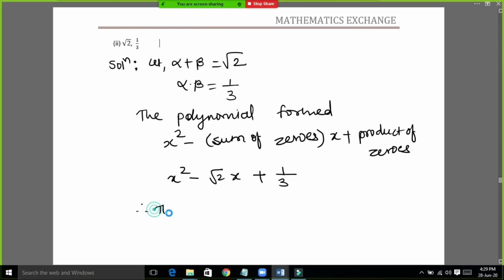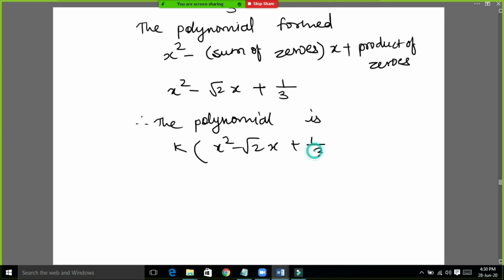Therefore the polynomial is k into x square minus root 2x plus 1 by 3. So if k is equal to 3, because we have to take the LCM 3 here, take the value of constant k as 3.